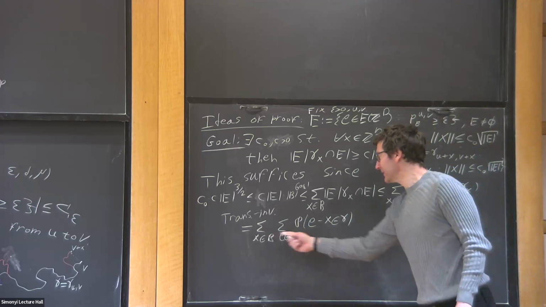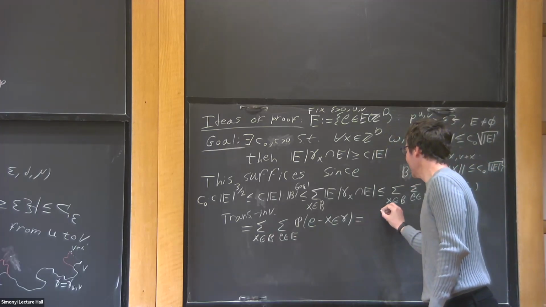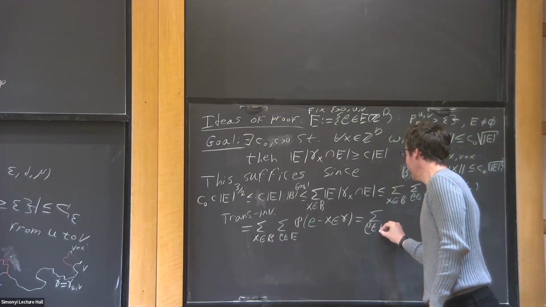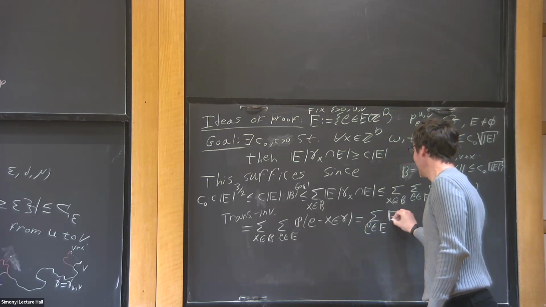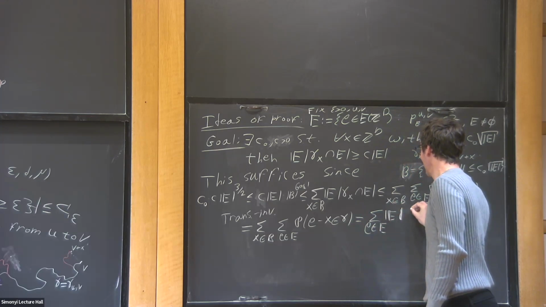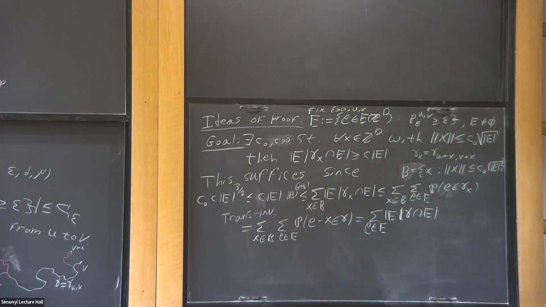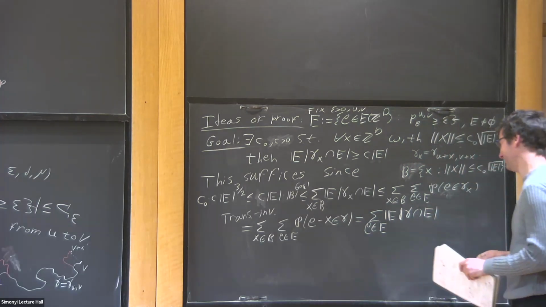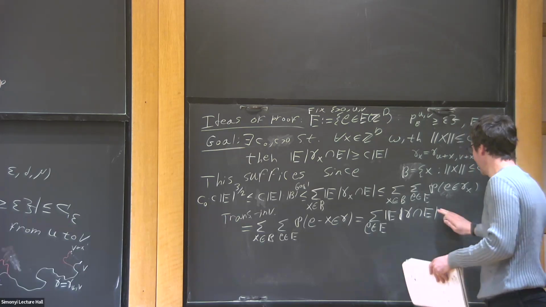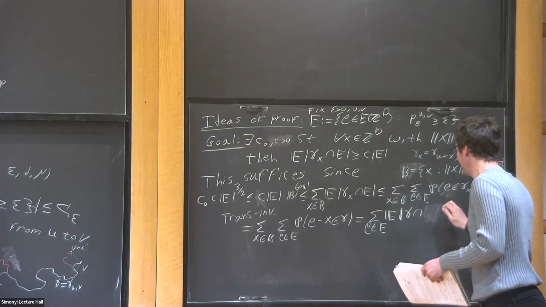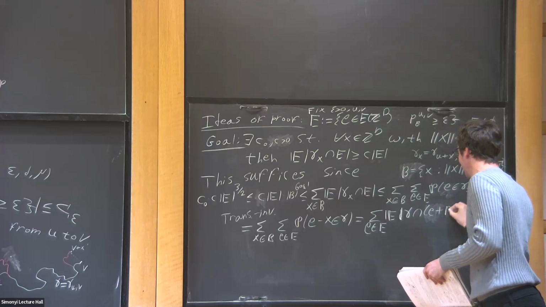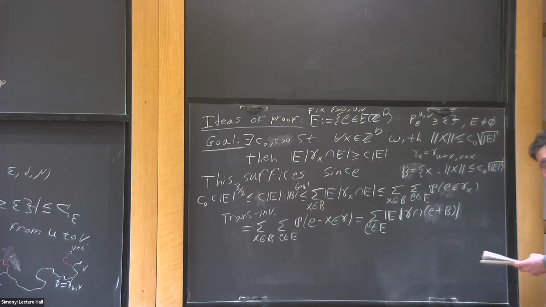And now I'm going to exchange the sum. So actually what's written here is the sum over e in E of the expected intersection of gamma with e plus B. Right.